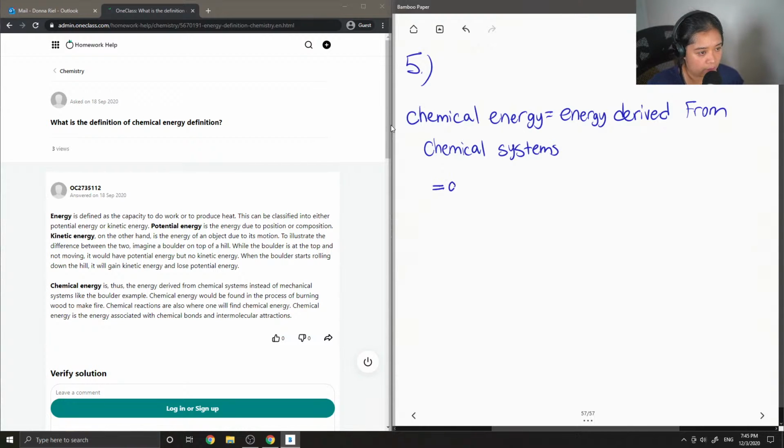So it is associated with chemical bonds and also intermolecular attractions.